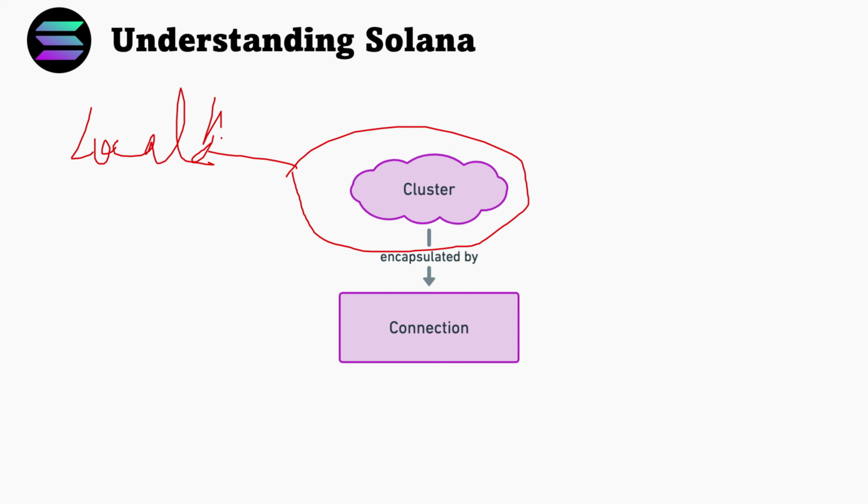It could be localhost, it could be dev, it could also be mainnet, and that cluster is actually encapsulated by connection. What I mean by that is we will create a connection variable that will be responsible for talking to the Solana cluster. Okay, so that's step one.